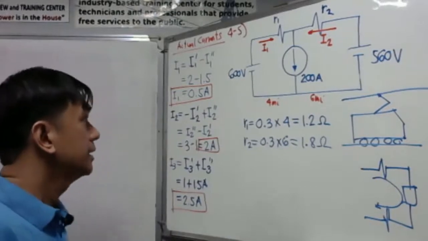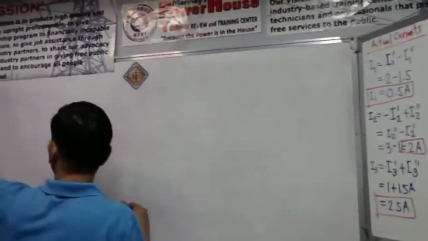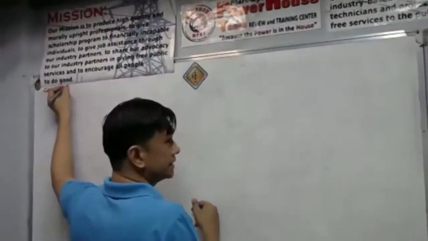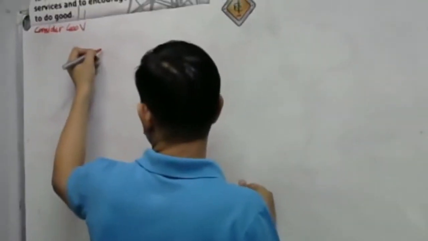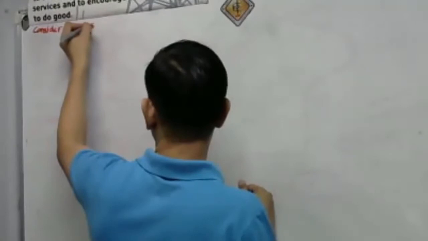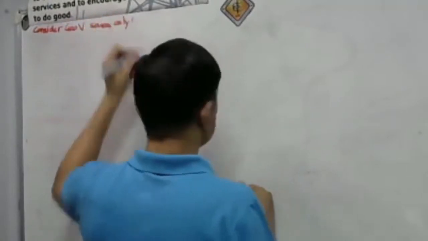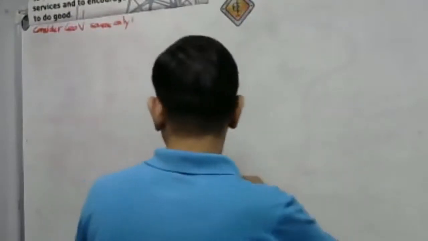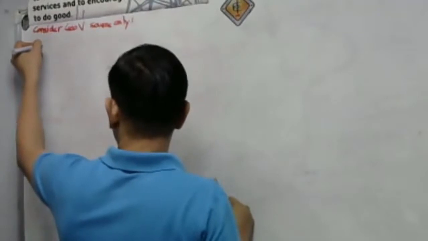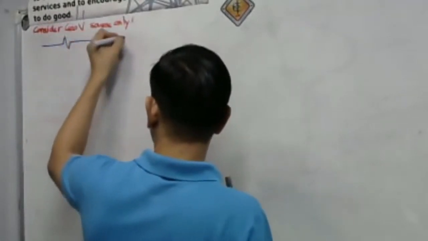Now, let us have first the 600 volt source only. 600 volts muna i-consider natin, mga kawerpa. This will be our circuit. Take a look. This is the difference if we have a current source.